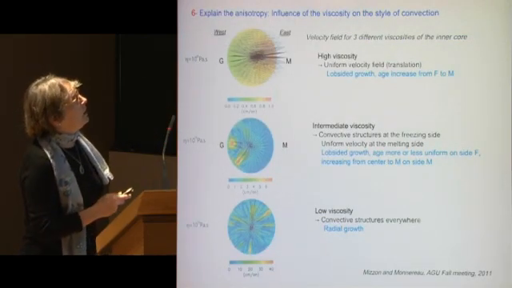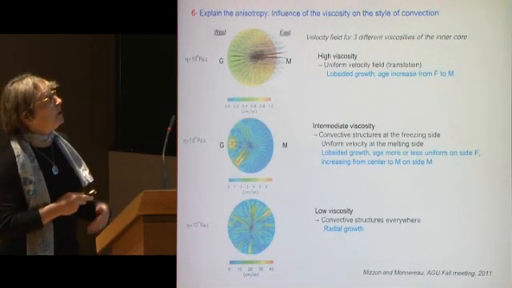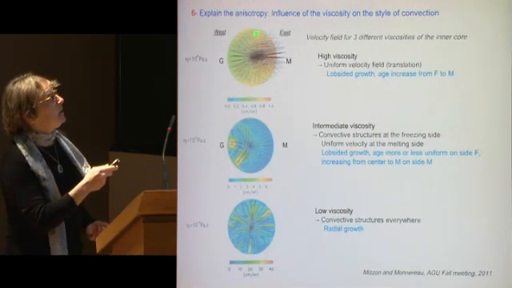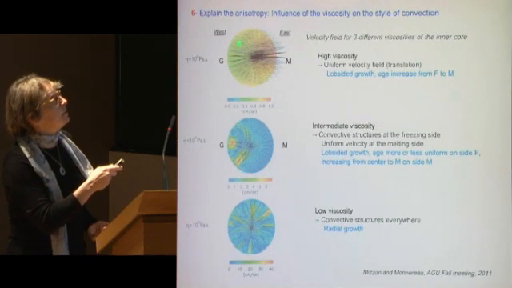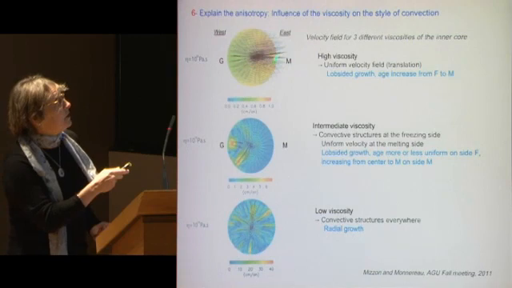How to explain the anisotropy? Here it's necessary to invoke some higher degrees in convection. Here is what we were looking at with convection, which is in fact simply a translation of the inner core.